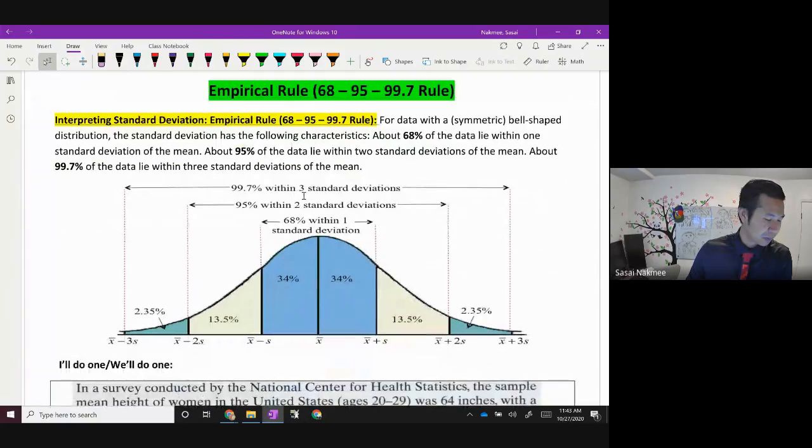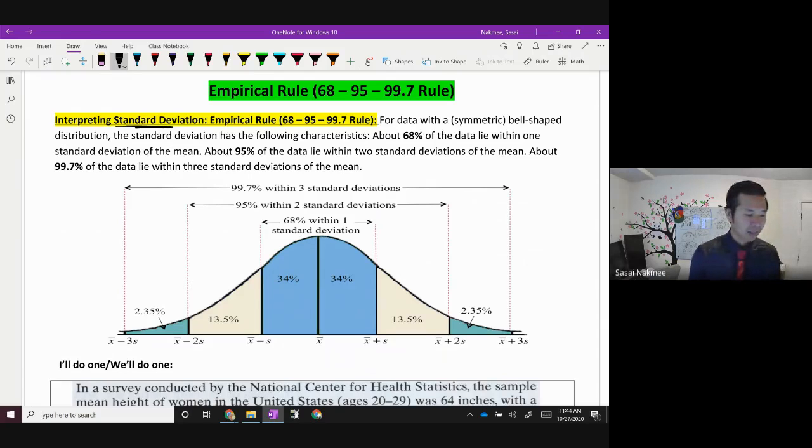The empirical rule applies your standard deviation onto a normal curve, something that is normally distributed, right? Have you guys heard of this term before? The normal curve or the bell-shaped curve?